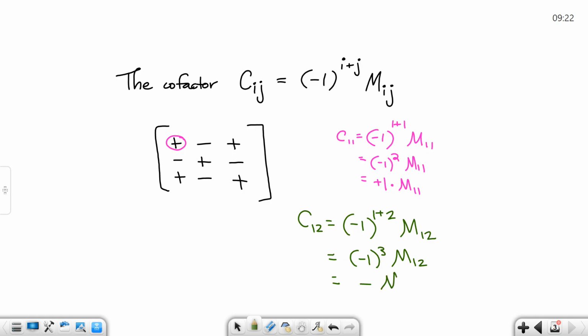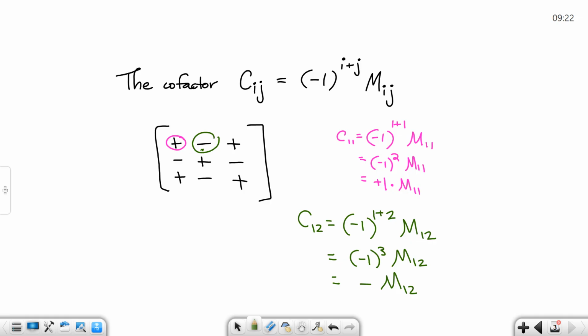Negative. So whatever your M1,2 was, you would put the negative in front of it, which is going to change the sign of it. I could get that negative by negative 1 to the 3, or I could remember, hey, whatever that M1,2 is, put a negative in front of it and see what happens. Either way, that's how you would adjust your signs.